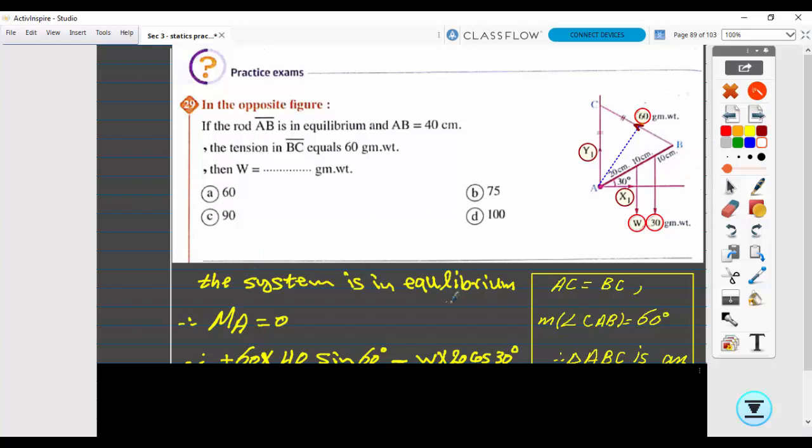Now, the system is in equilibrium, so the sum of moments about A equals 0.